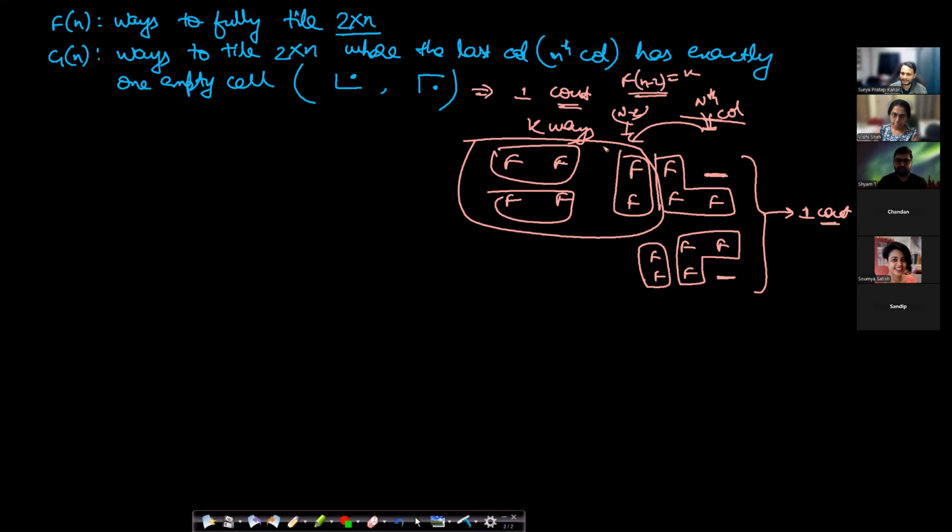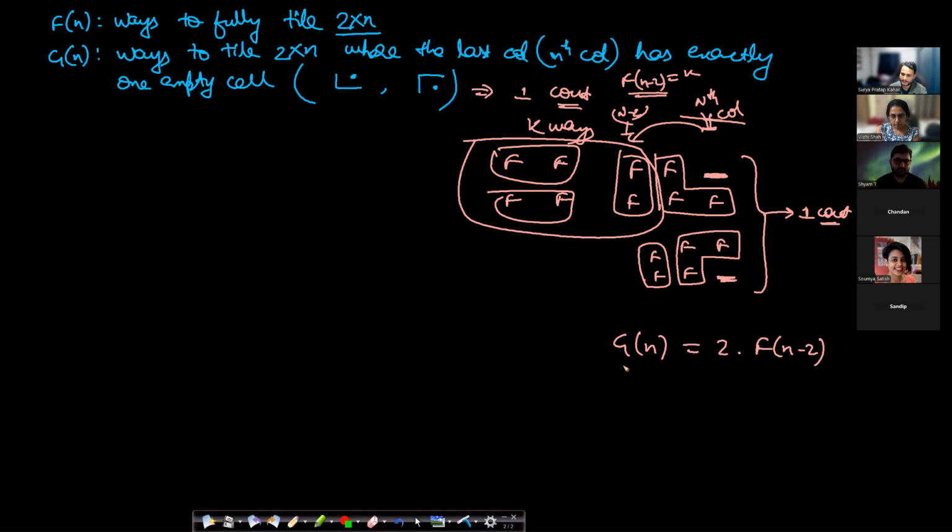It just says that everything is completely done till n minus 2. If you are completely done, then after this, there are two ways to get one empty cell in the nth column. So if there are two ways, can I not write that g of n equals 2 times f of n minus 2? Can I write this?